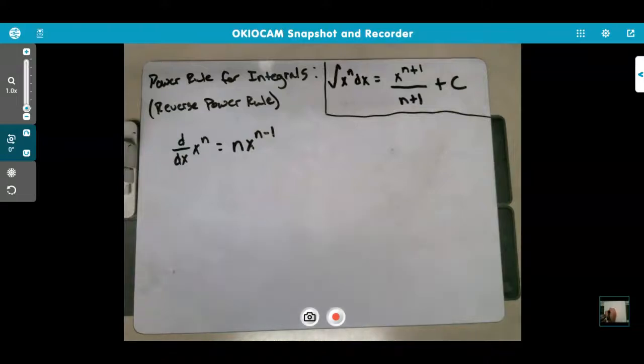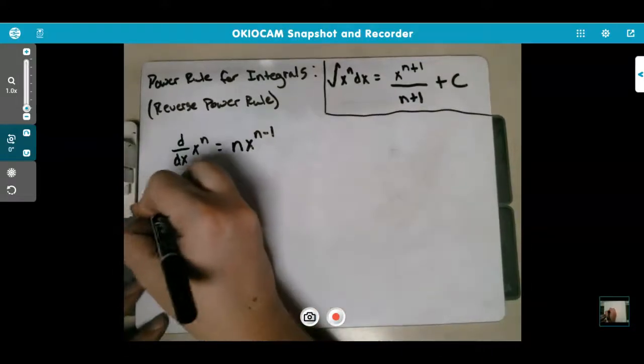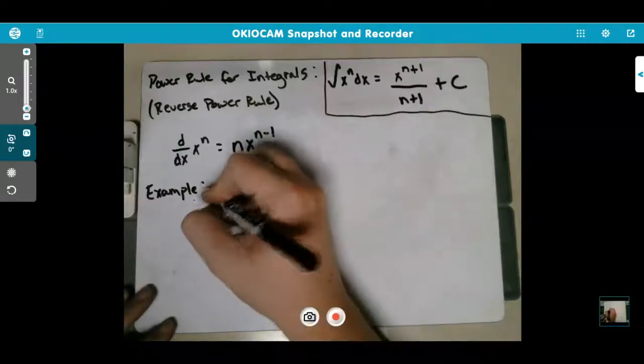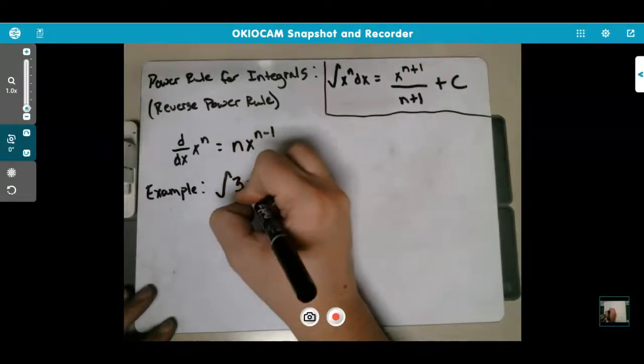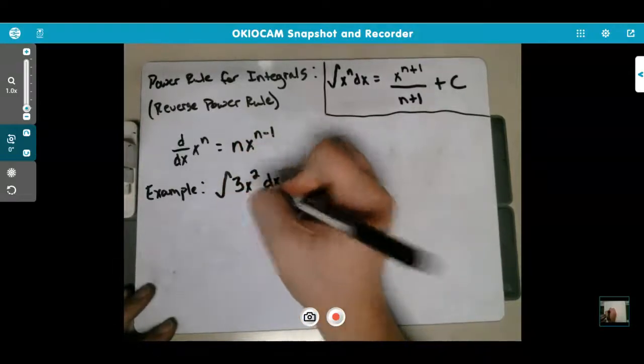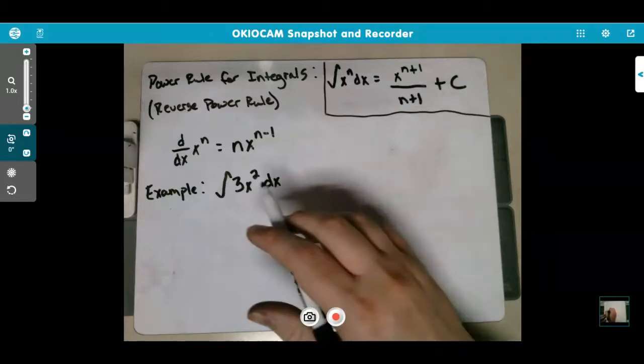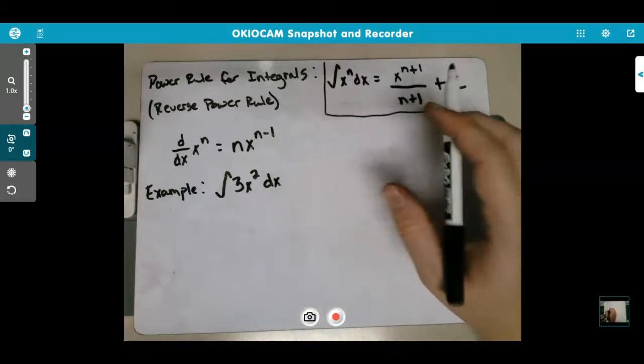So let's look at some examples of that. Let's say I was doing the integral. Let's do one we already did. So we already did the integral of 3x squared, right? And we said we knew this was x to the third because we know that the derivative of x to the third is 3x squared. But we could also do this using this new rule here.